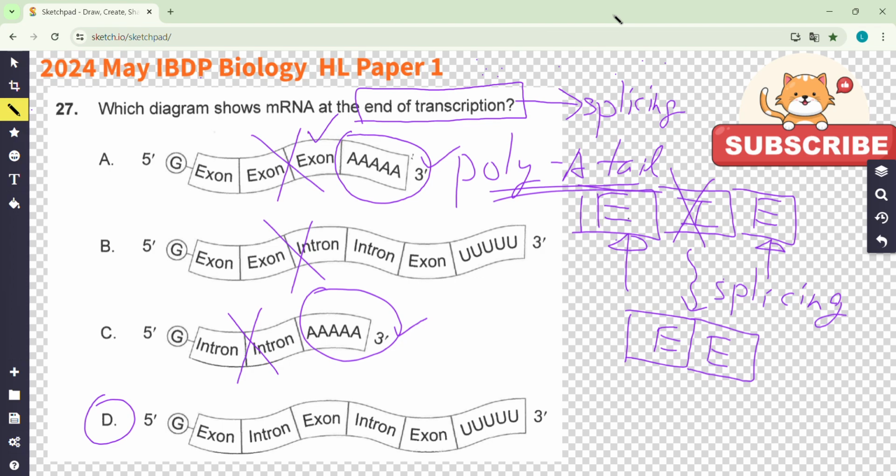From my point of view, I choose D. I think this exon, intron alternating concept, the sequence of transcription and splicing, is more important than the poly A tail. So maybe when the question comes up from the IB in November, they will say question 27 is deleted because it has contradictory things. But from now on, from an educational point of view, my choice is D here.